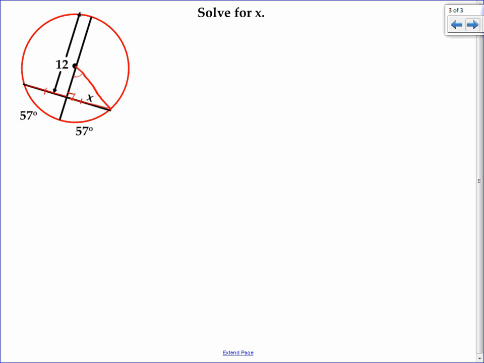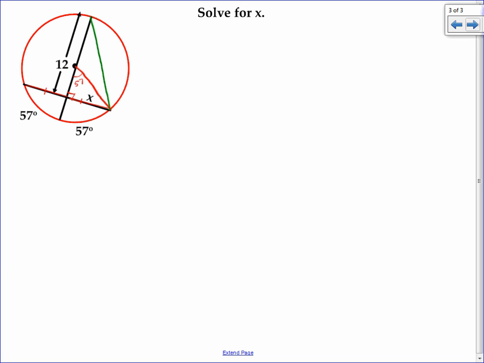Okay, now let's fill in a little bit more information without doing any solving yet. Let's draw that line right there, that green one. On that red triangle, that smaller one that we drew, we didn't have any numbers other than the 57 and the x.